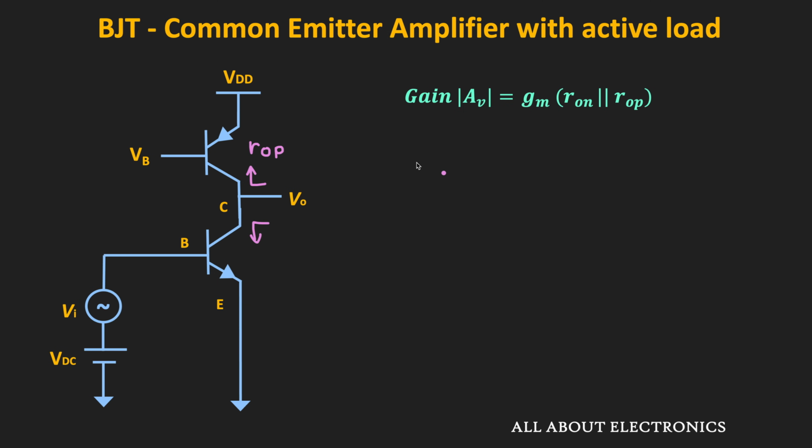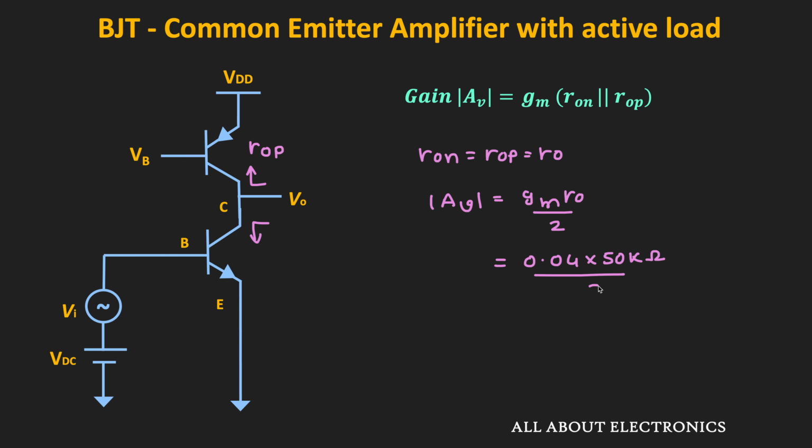So for a moment, if we assume that RON is equal to ROP, then the voltage gain will become Gm times R0 divided by 2. Considering the previous values of Gm and R0, this voltage gain will be equal to 0.04 times 50 kilo ohm divided by 2.